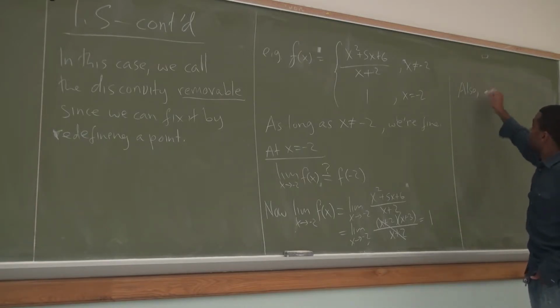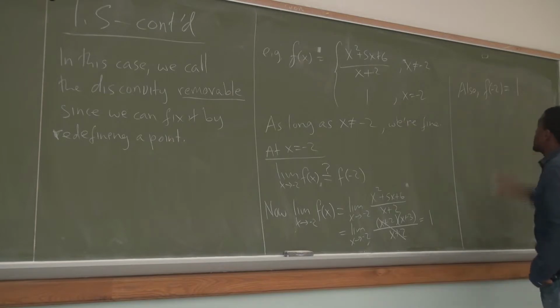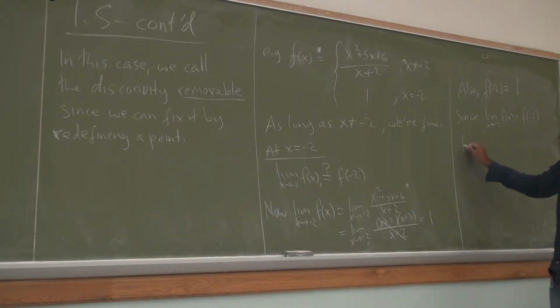So f at minus 2 is equal to 1 by definition. So since the limit is actually equal to the value of the function, f of x is continuous at minus 2.